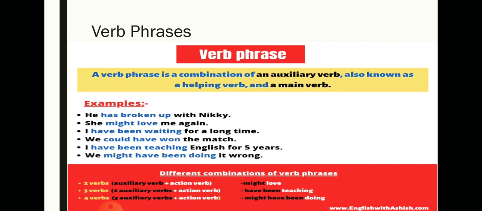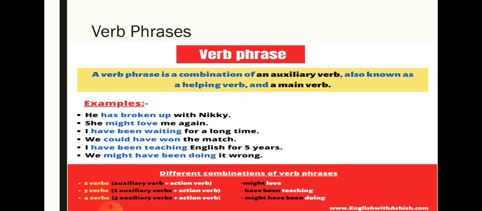Together all these verb elements are called a verb phrase in a sentence. For example, he has broken up with Nikki. So there we have a phrasal verb. She might love me again. There we have a modal auxiliary verb.